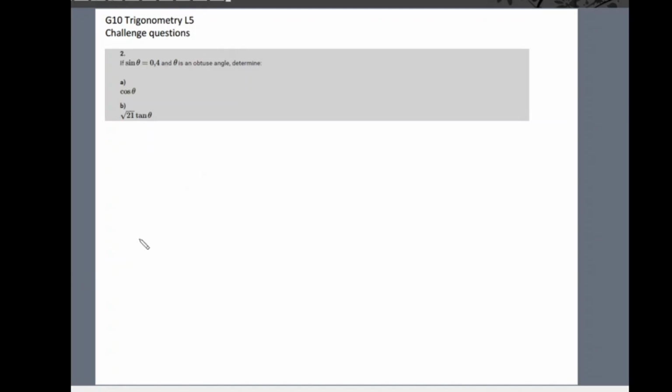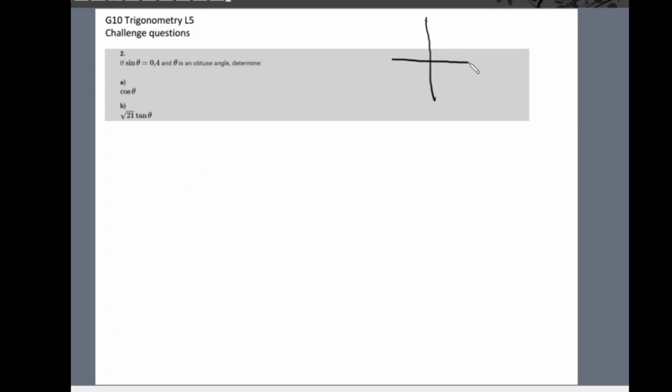So question 2 bathi if sin theta is equal to 0.4 and theta is an obtuse angle, determine cos theta and determine the square root of 21 times tan theta. So khumbula ukuthi on our previous lessons si discuss the trigonometric ratios on the Cartesian plane, right?